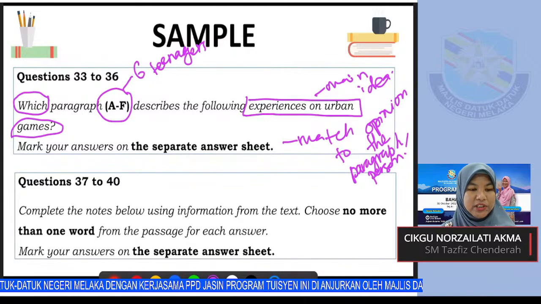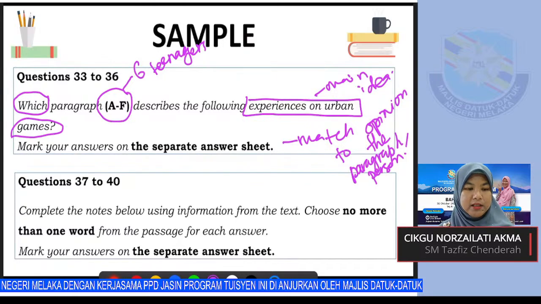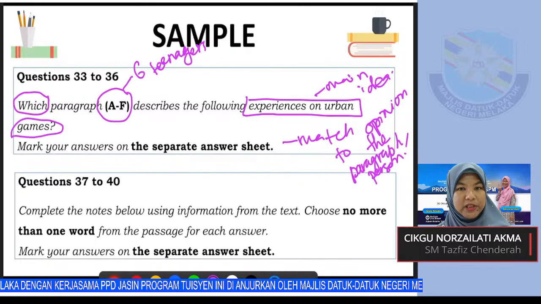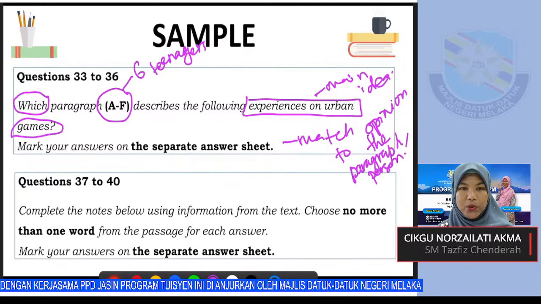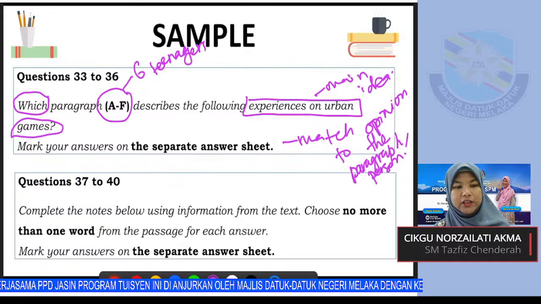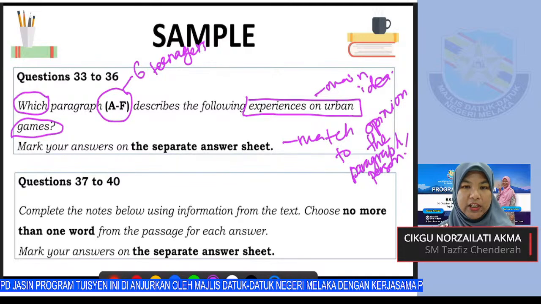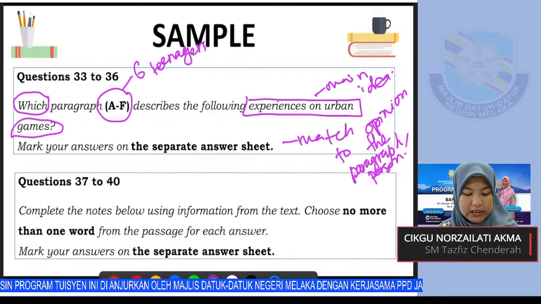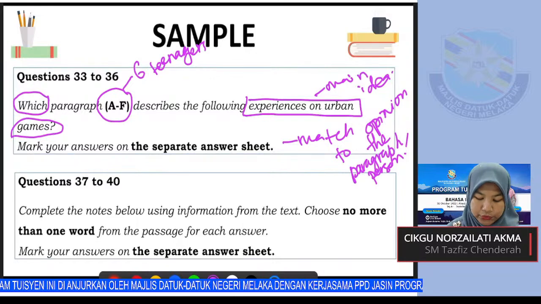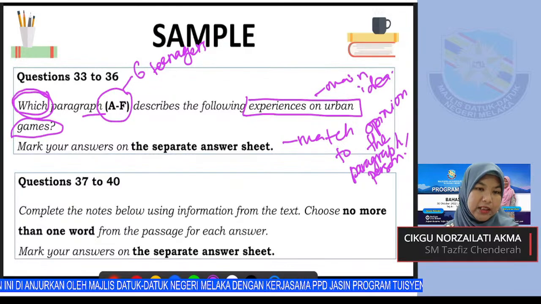For questions 37 to 40, the instruction given is: complete the notes below using information from the text. Choose no more than one word from the passage for each answer. Mark your answers on the separate answer sheets. If you notice, in the first part, question 33 to 36, it asks you to use the words which paragraph, and it needs to be matched.